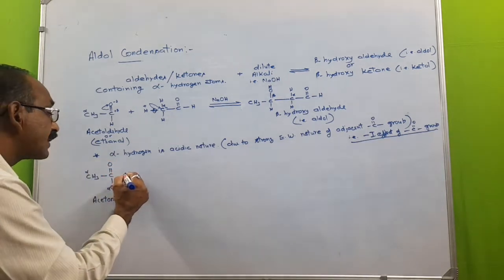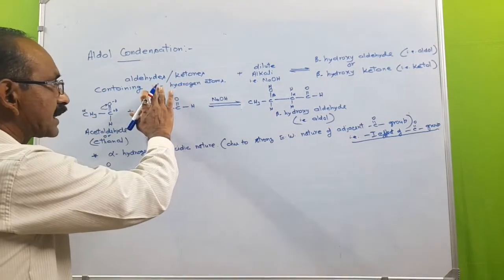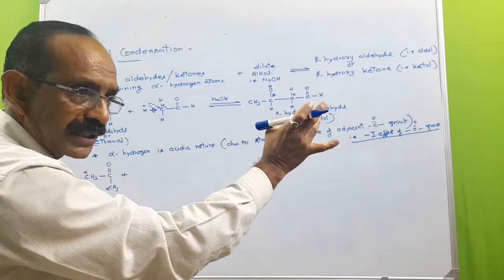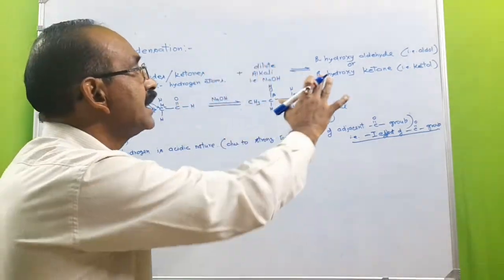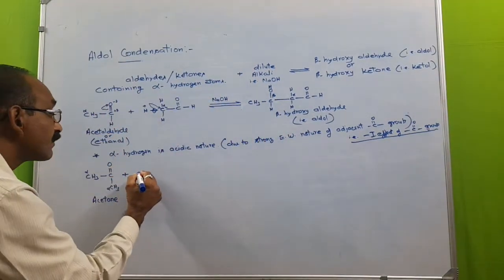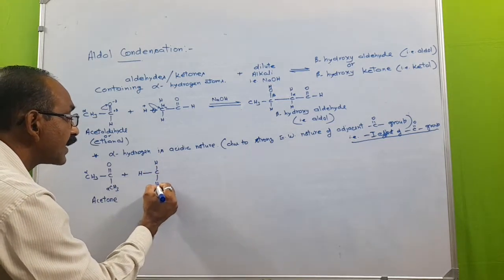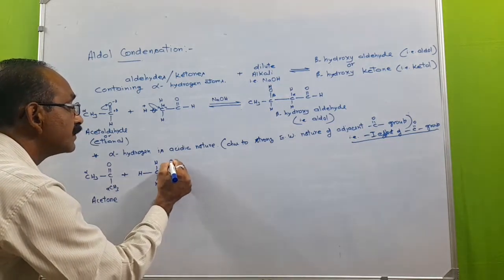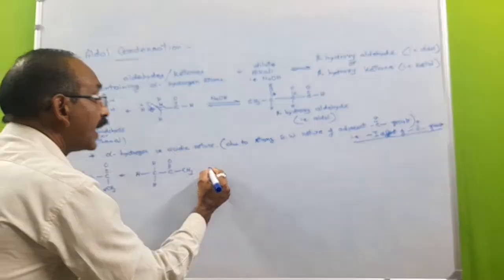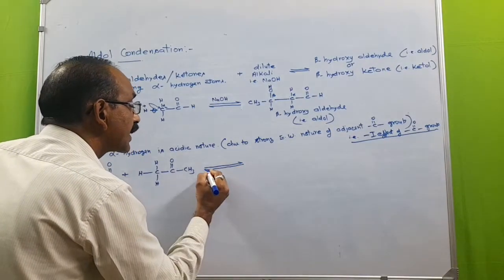So either aldehyde or ketone, both having alpha hydrogen, when treated with dilute alkali, undergo a condensation reaction and you will get beta hydroxy aldehyde or ketone. As in this case, here is another molecule of acetone, and it is treated with dilute alkali.